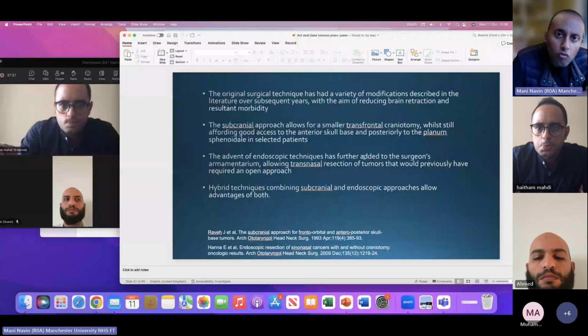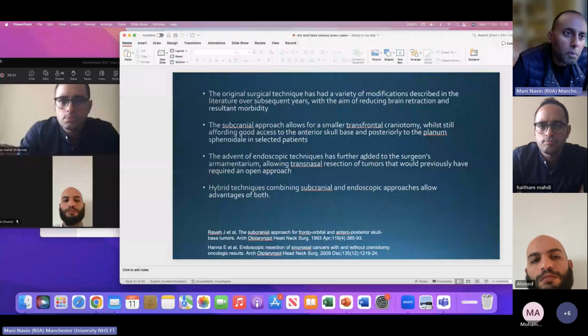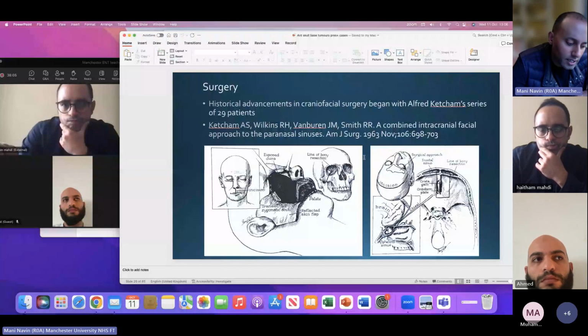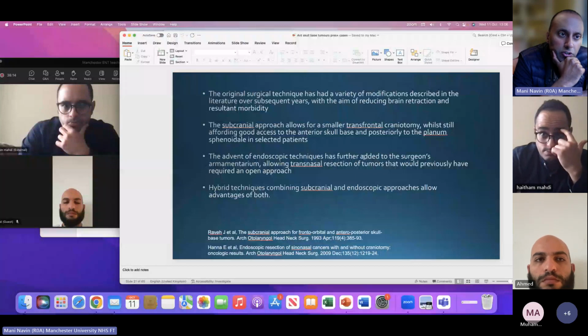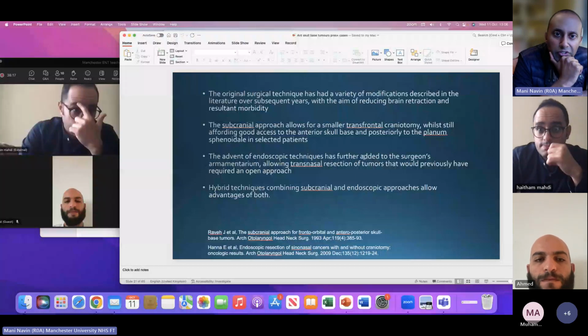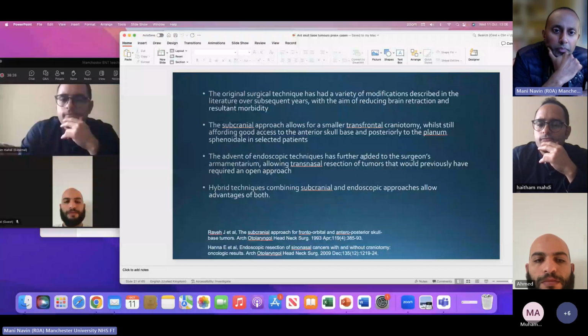Originally, for all cases, you did a bifrontal craniotomy, a full craniotomy, in order to access the intracranial component. But we use more a subcranial approach, which I think you've seen, haven't you, Haytham, where you can do a smaller transfrontal craniotomy through the frontal sinus, which still allows good access to the anterior skull base all the way up to the planum sphenoidale, while minimizing brain retraction.